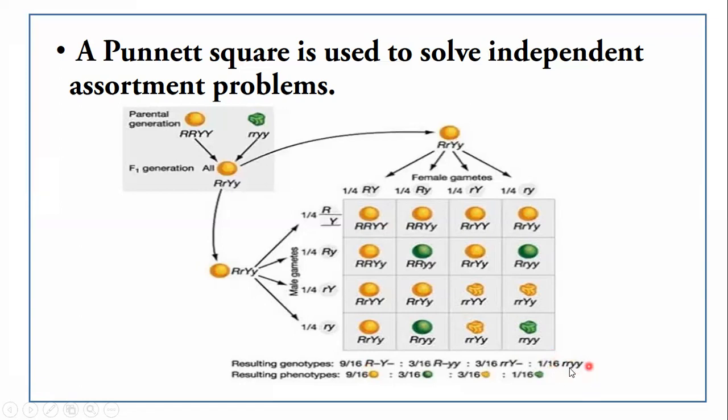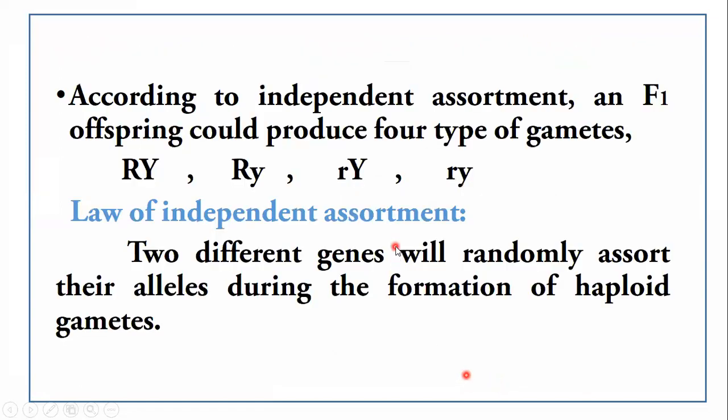While the recessive phenotype, wrinkled green, is shown by just one offspring of the F2 generation. So, for the dihybrid cross, the ratio in the F2 generation was 9:3:3:1. So according to independent assortment, an F1 offspring could produce 4 types of gametes: round yellow gamete, round green gamete, wrinkled yellow gamete, or wrinkled green gamete.